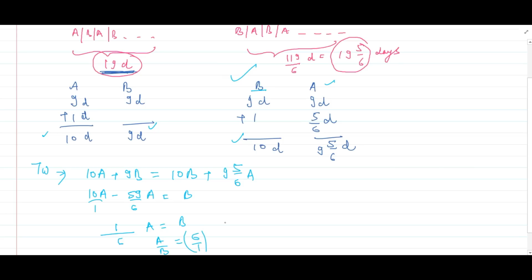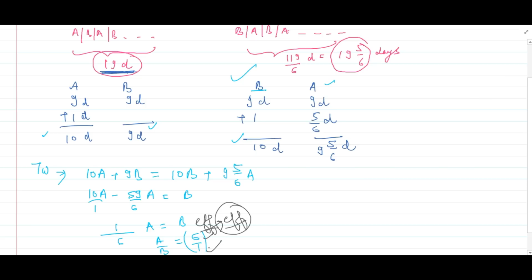So we got the ratio of the efficiency. We know this part already, we have done this part in the second part of the video. So these are the efficiencies of A and B. A is working with efficiency 6, B is working with efficiency 1.